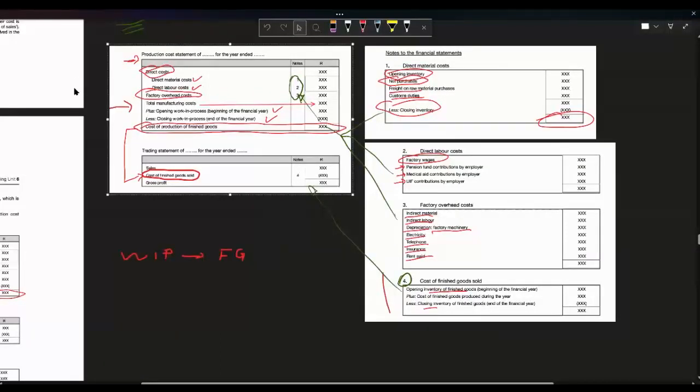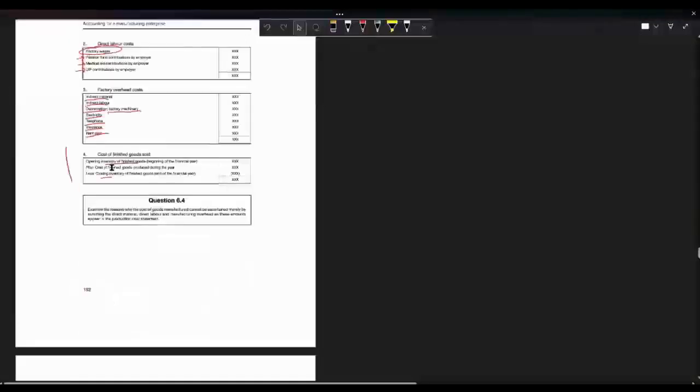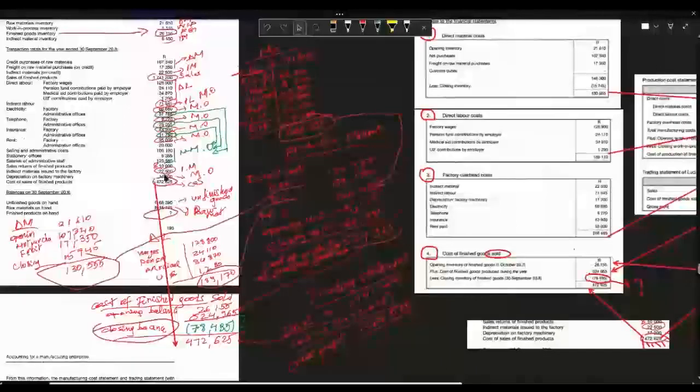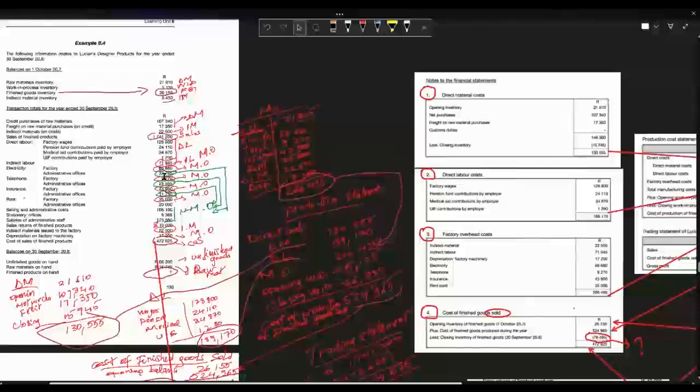All right. So the trading statement will be sales minus the cost of finished goods sold, which will provide us the profit. Are there examples? There are plenty of examples. Here, for example, is an example. And as you can see again, I provide you every single item, showing you where each item fits, in which account it fits.